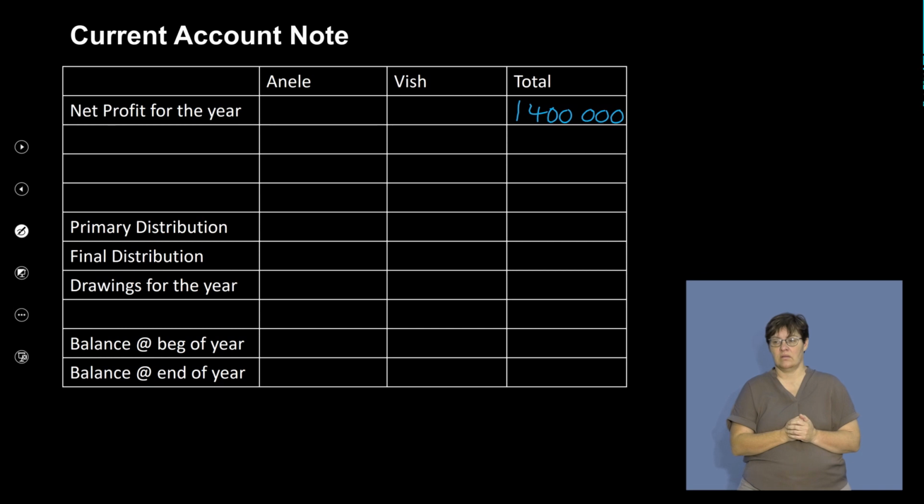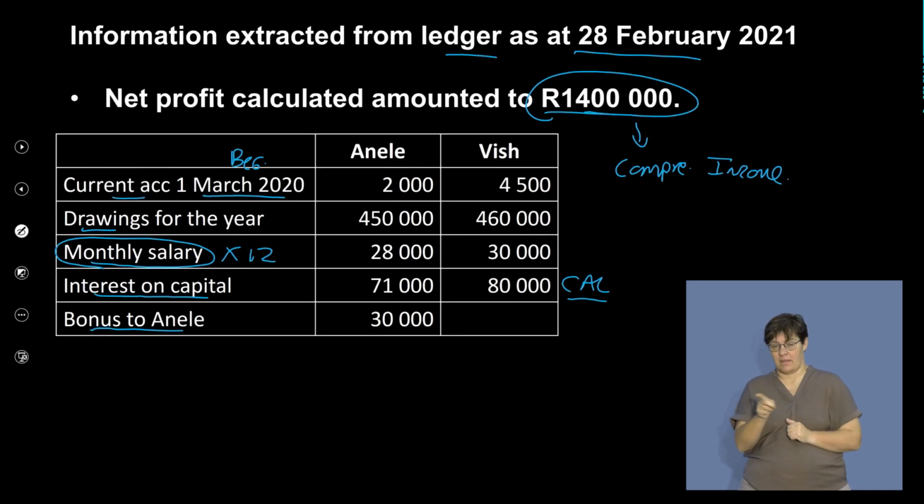I am now going to start sharing this net profit. Remember, each partner is entitled to the annual salary, so let's start with the annual salary. Let's go back. Anele, her monthly salary is 28,000, but I need to multiply this by 12 to get her annual salary.